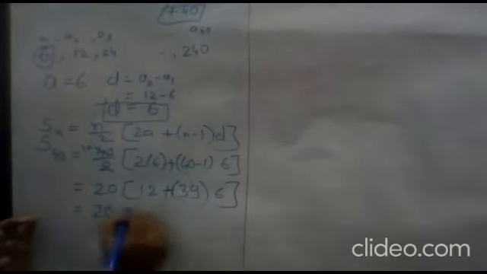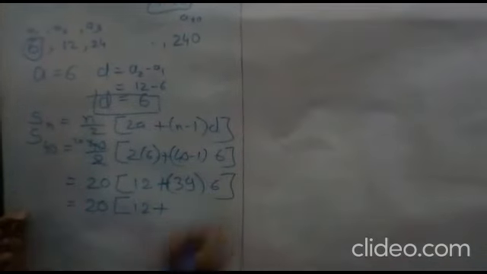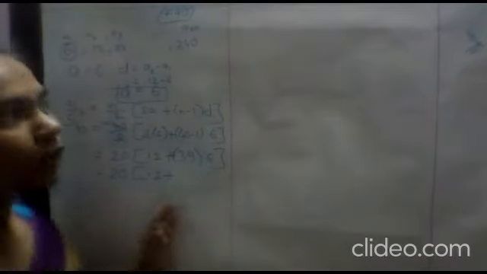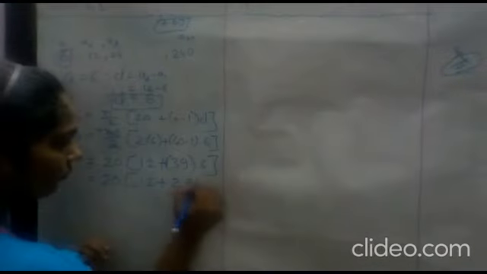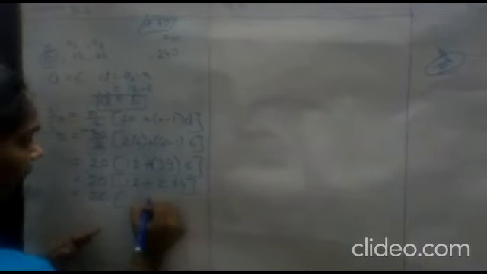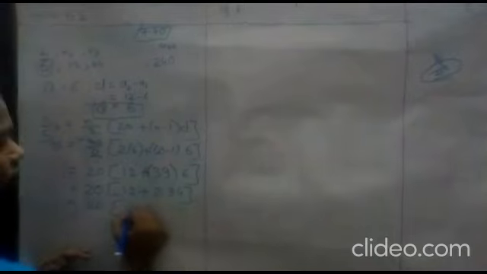So 20 into 12 plus 39 into 6, how many? Our 39 into 6, what do we get? 234. Then 12 plus 234, how many? 246, and now we multiply 20 into 246.